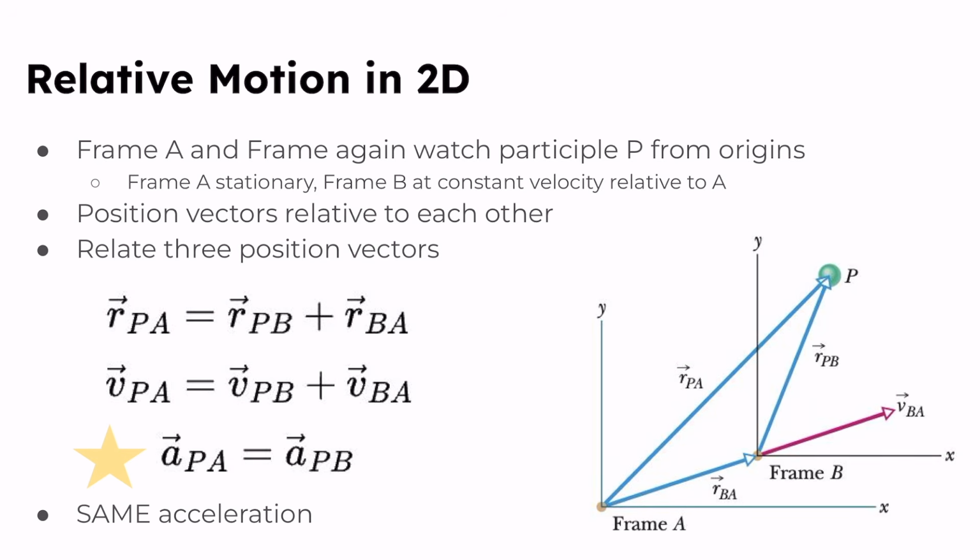Things here work very similarly to how they were in relative motion in 1 dimension, except now we're working with vectors.